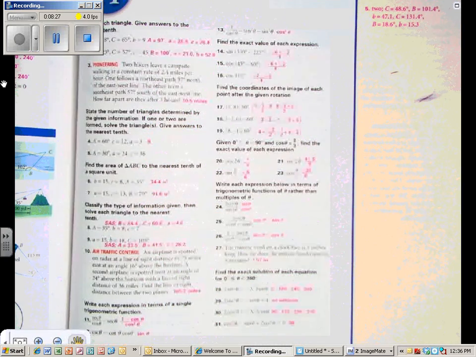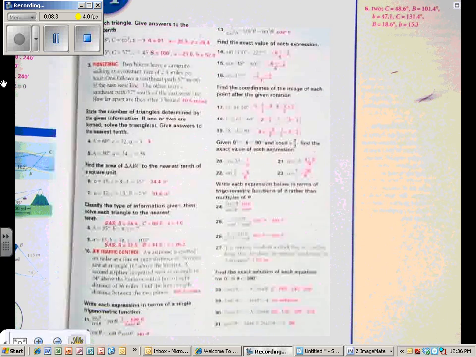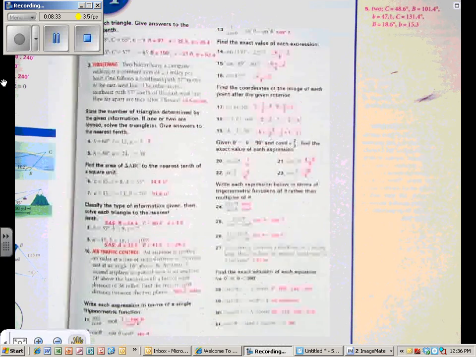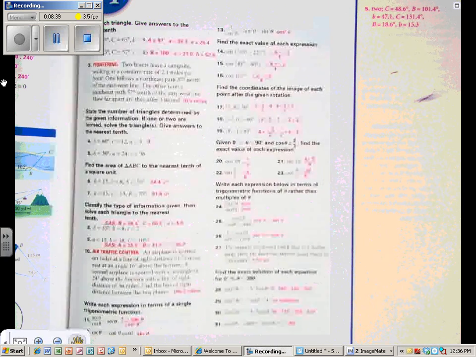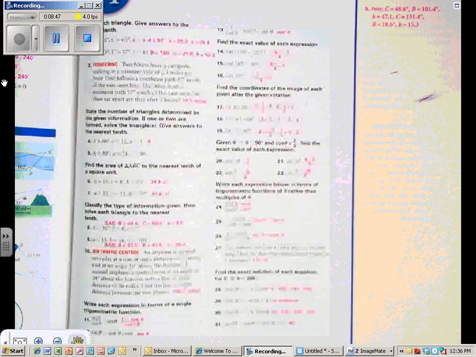All right, and up on the screen now is the answers to the chapter test. Remember, we do not have to do problems 17, 18, or 19. And also, oh yeah, I think I already told you there's no half angles. You could probably zoom in. Yeah.